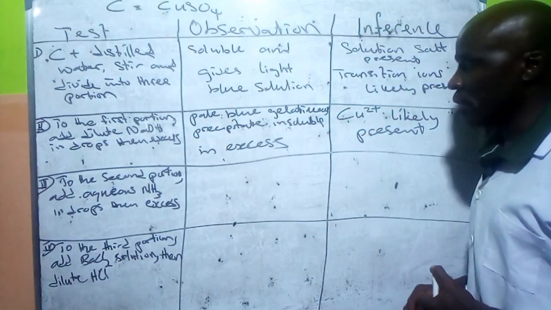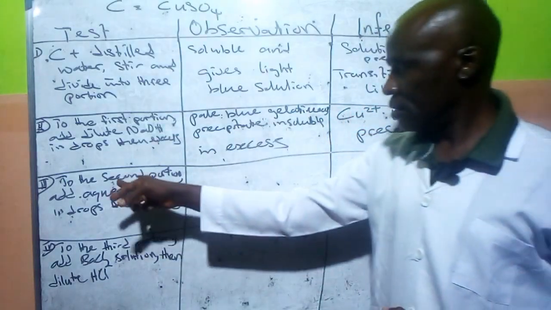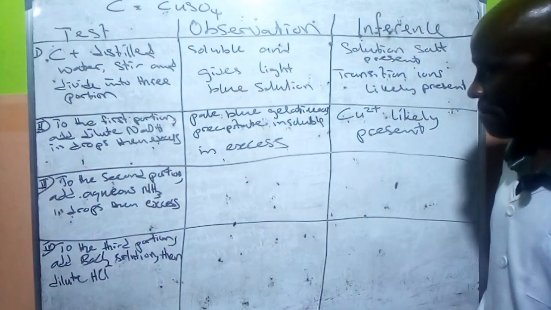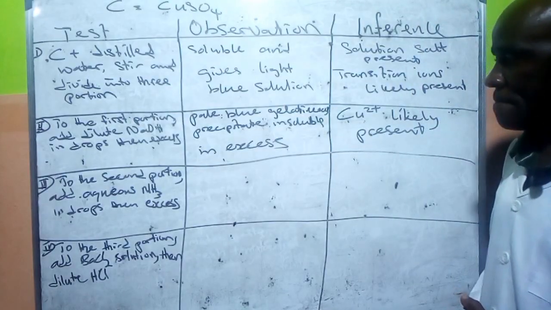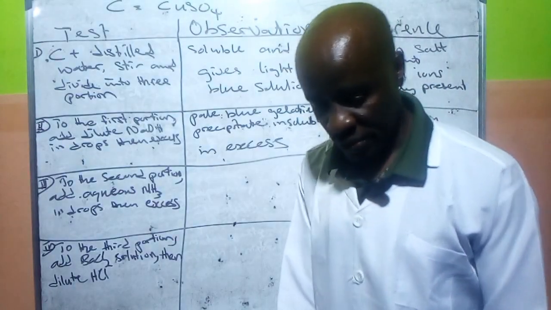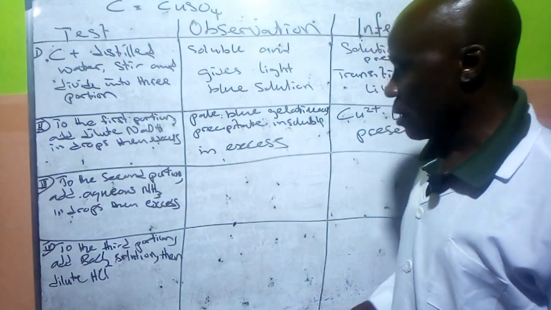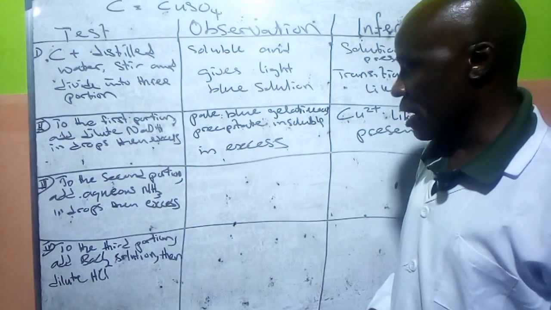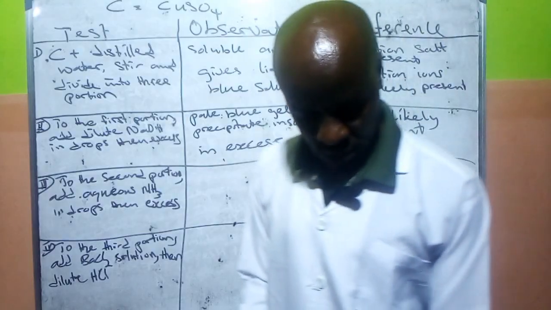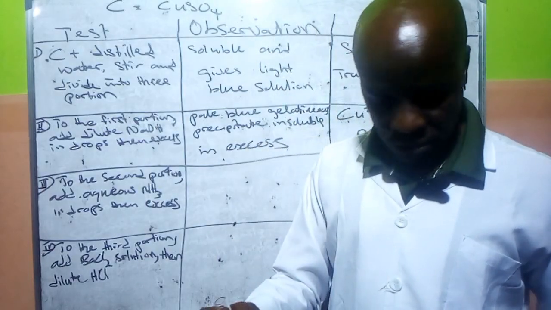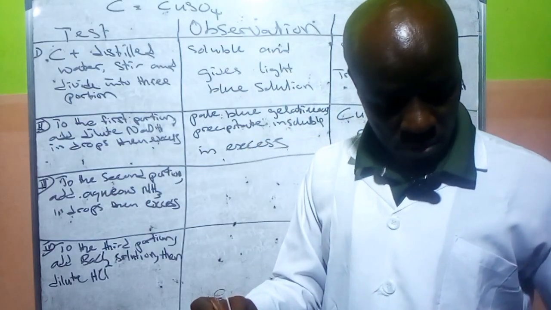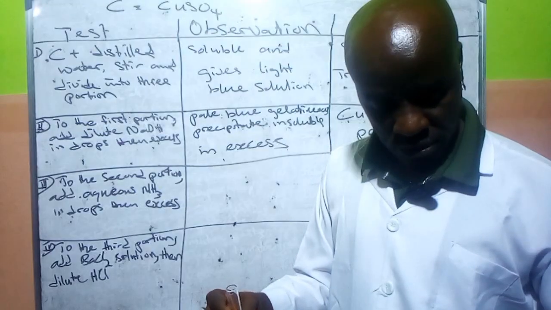So now the next one we have there is aqueous ammonia. Let's try what we have in aqueous ammonia. They said that to the second portion, add aqueous ammonia in drops and then in excess. This one I have to be very careful with. Let me use dropping pipettes.